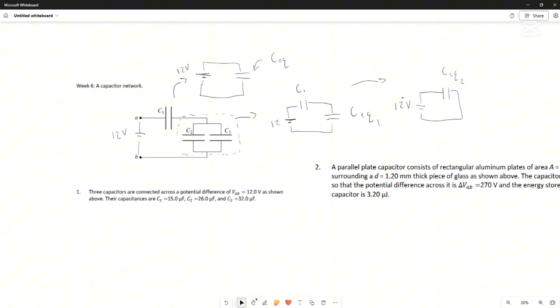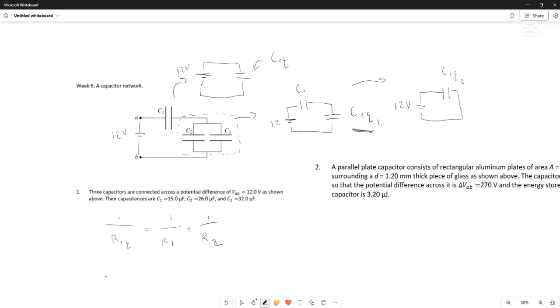In order to get what C equivalent 1 is, we have to know how capacitors in parallel add, and they add the opposite way as resistors add. Resistors in parallel, as you know, when you get an equivalent resistance, they add like so.